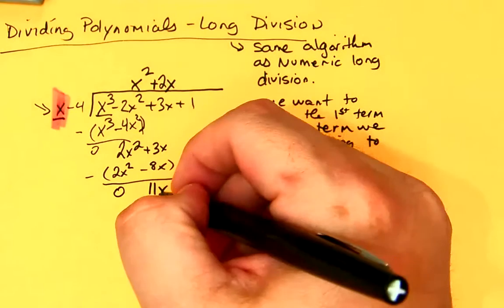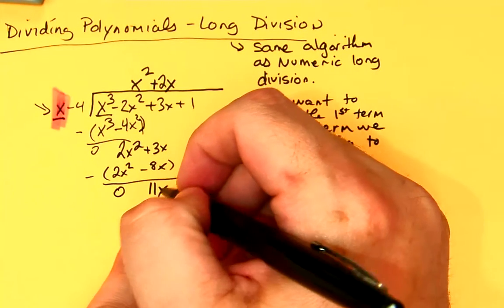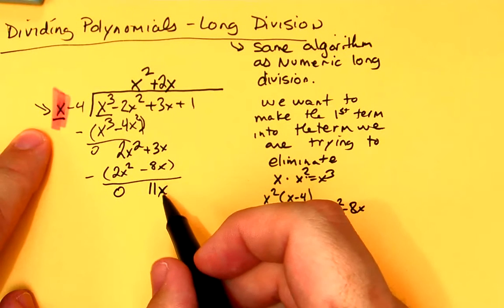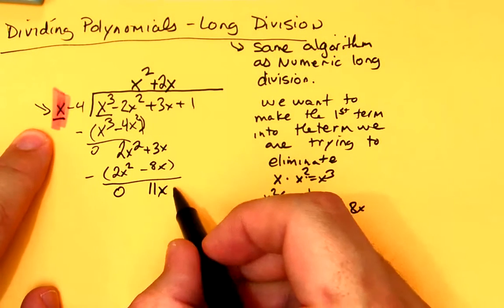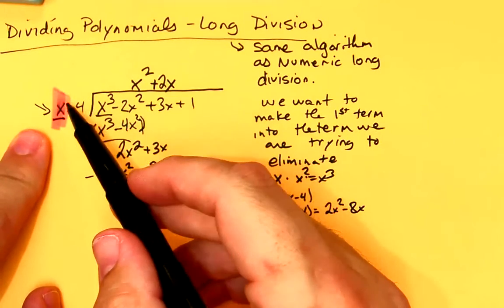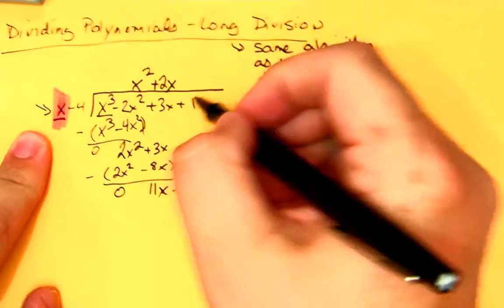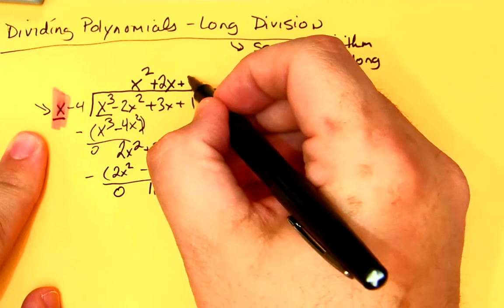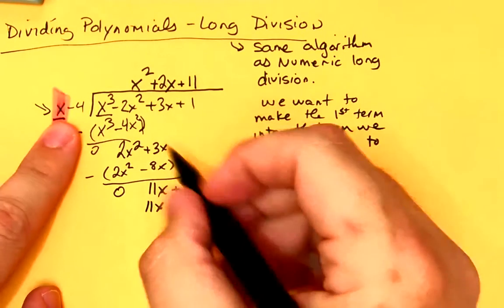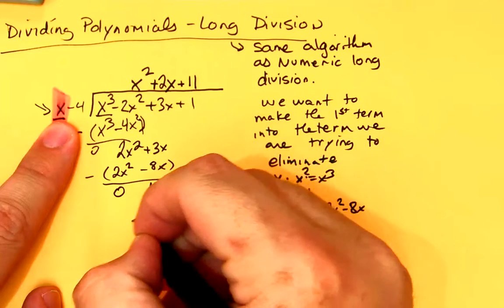Now at this point, since I have an x here and an x here, this is the last step that we can possibly do. I'm going to bring down the 1. And in order to get from x to 11x, I got to multiply by a positive 11. So 11 times x is 11x. 11 times negative 4 is negative 44.